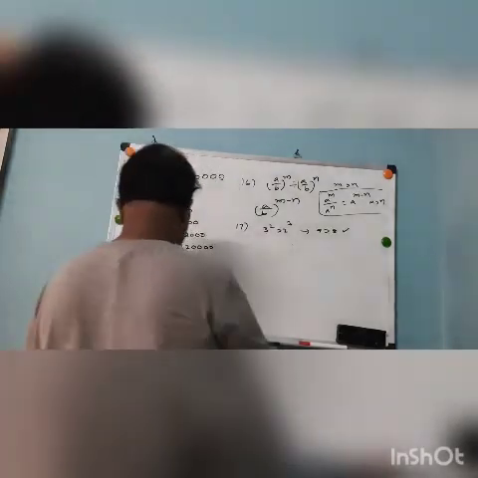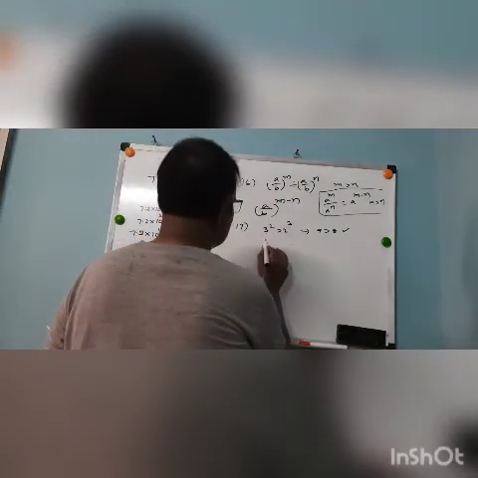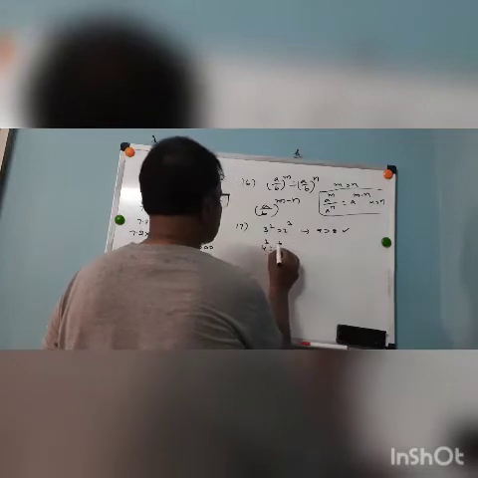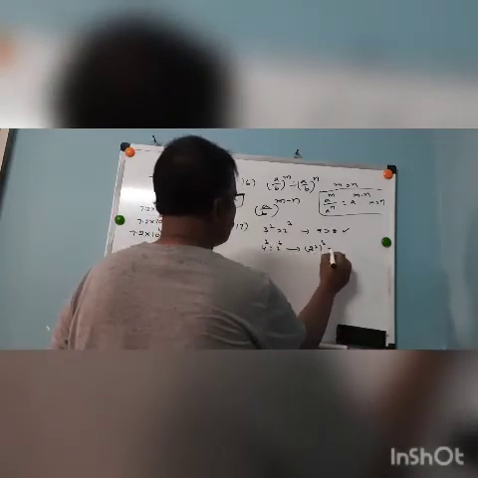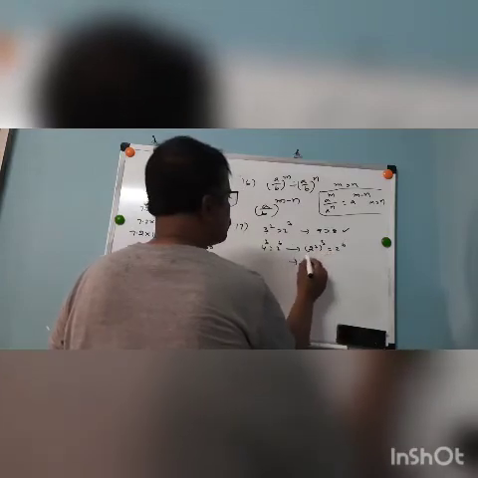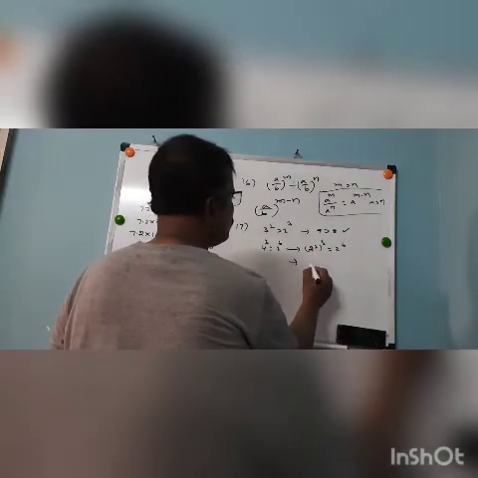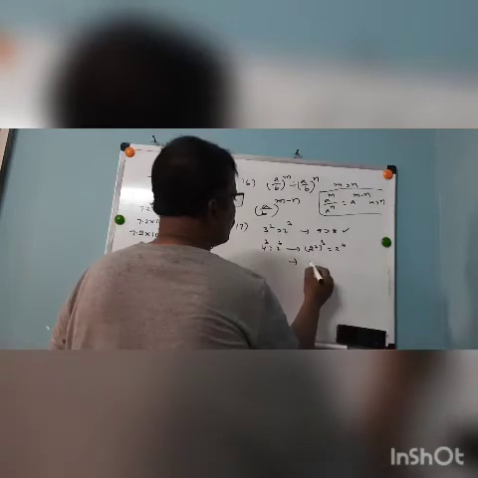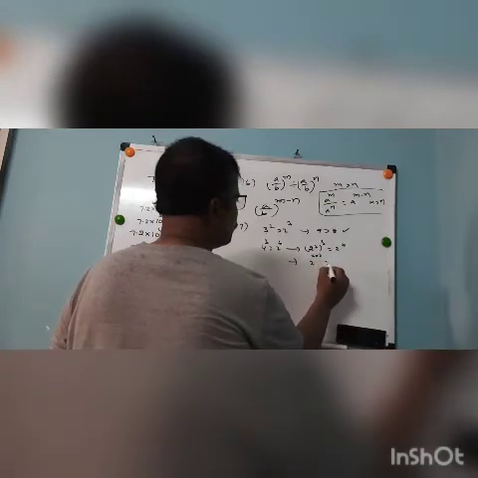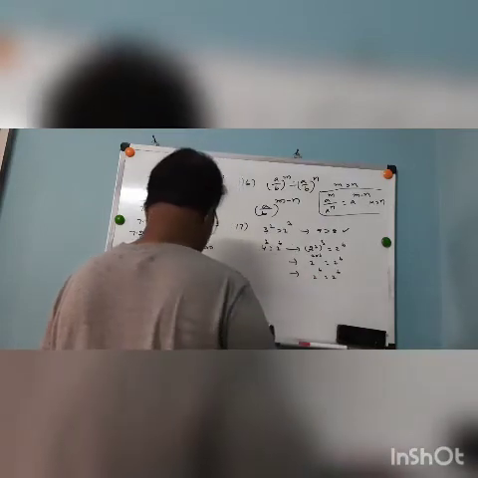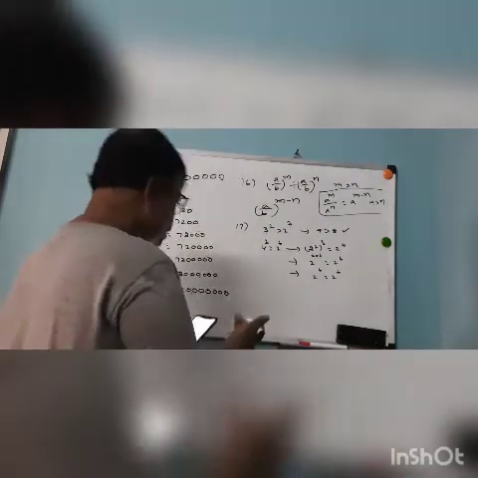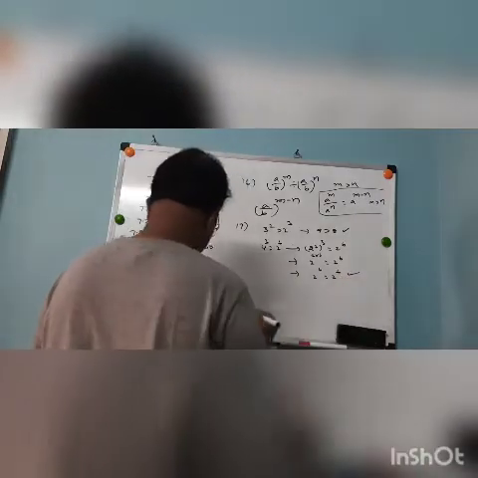Option 1 is true. 4 cubed is equal to 2 power 6. 4 means 2 square, whole cubed. 2 square whole cubed means a power m whole power n, 2 power 2 into 3, 2 power 6. 2 power 6 is equal to 2 power 6. So that is also right.